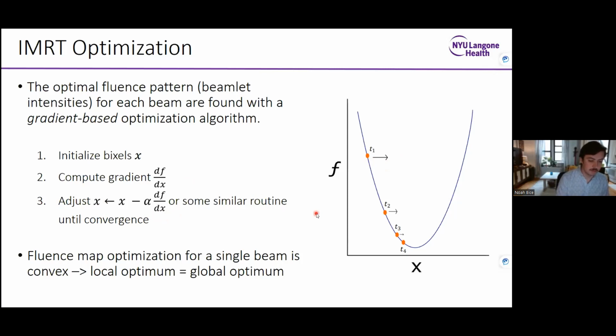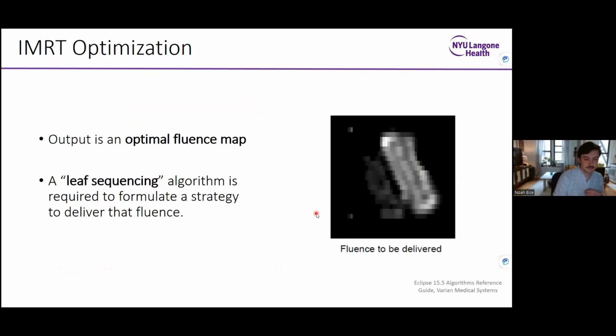And fluence map optimization for a single gantry angle is wonderful because it's guaranteed to be convex, meaning that the local optimum is equal to the global optimum. So the output for IMRT optimization will be these optimal fluence maps, but that doesn't mean that those are physically deliverable.